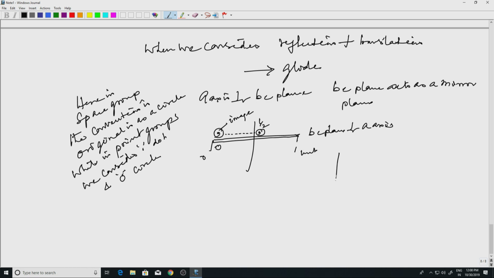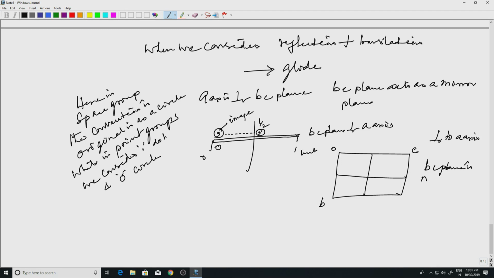Now let us say this way. This is my 0, this is my B, this is my C, perpendicular to A axis. And this BC plane is the mirror plane.